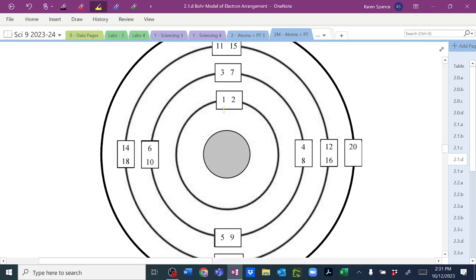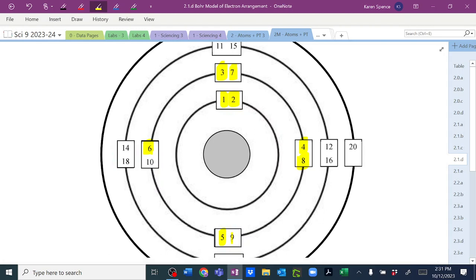Number 1 goes here. Number 2 goes here. And then goes 3, 4, 5, 6, 7, 8, 9, 10, and around you go twice, and then around you go twice, and that's it.